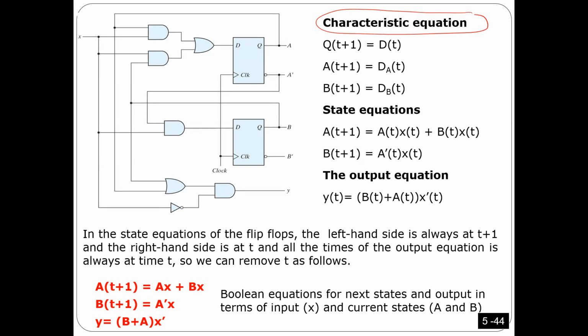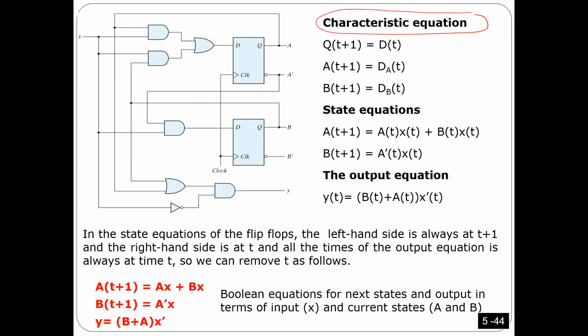The characteristic equation gives you the relation for a flip-flop, the relation between output and input. As you know, in the case of a D flip-flop, Q is equal to D. Q at time t plus 1, when the clock comes, is equal to D at time t. You understand what I'm saying? Because this is how the D flip-flop works. Whatever you have here, when the clock comes, it's going to move to here. This is what we call the characteristic equation.